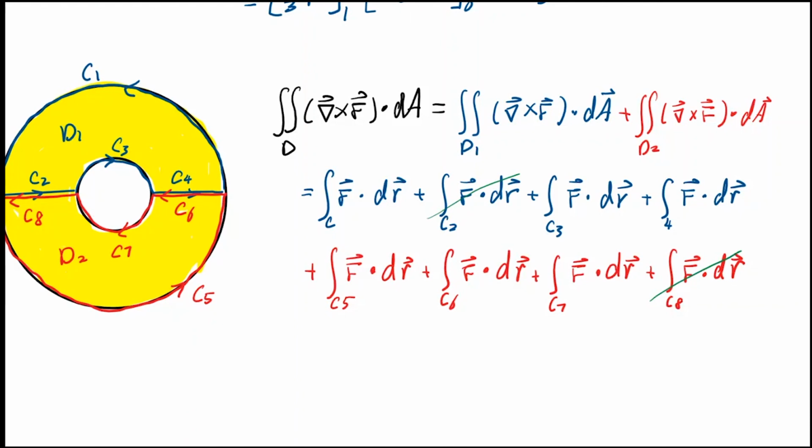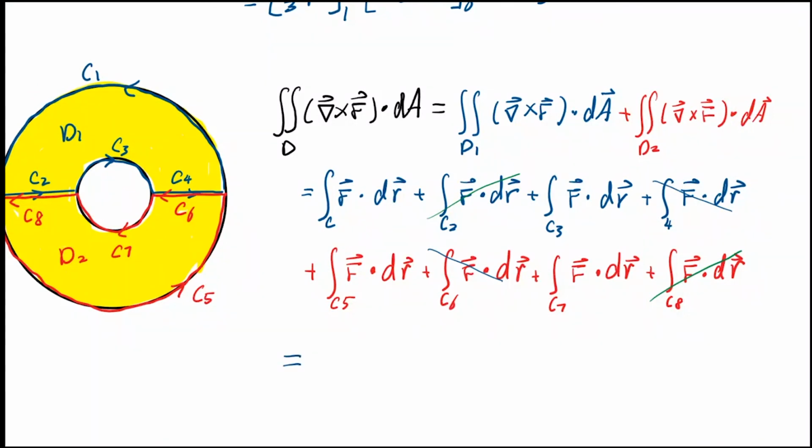And then I'm going to use a different color. That's black, that's okay. And then likewise, C4 and C6 are the same integrand going in opposite directions. So they will cancel, won't they? Say yes.